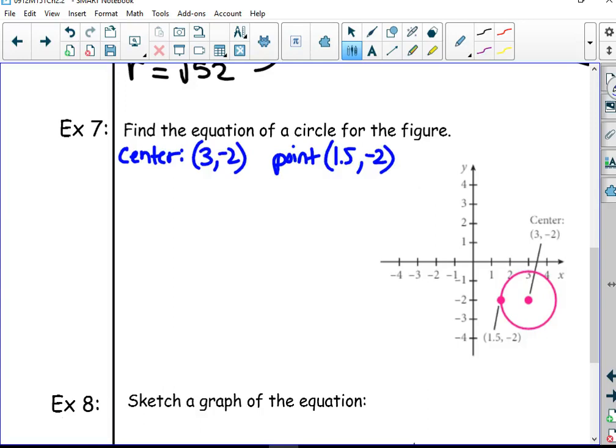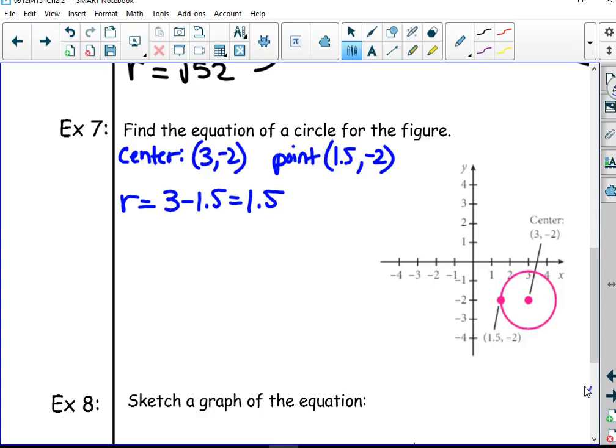Now, I could run through that distance calculation, but I can't help but notice that our y values are both at -2, so our radius is just going to be 3 minus 1.5. So our radius is 2.5, sorry. No, that's 1.5. You can subtract, I guess. Okay.